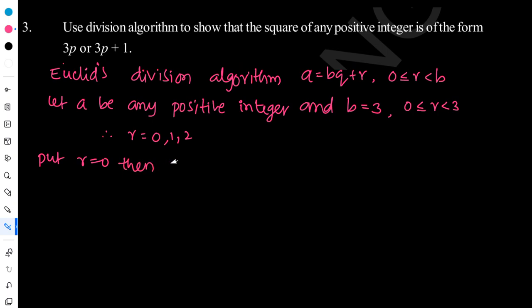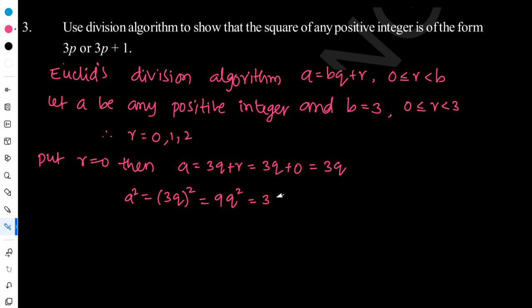Now put r equals to 0. Then what is the a value? a equals bq plus r. b value 3, so 3q plus r. Now put r value 0: 3q plus 0. a equals 3q. Now do the square of this number. So what is a square? a square equals 3q whole square, which is 9q square.